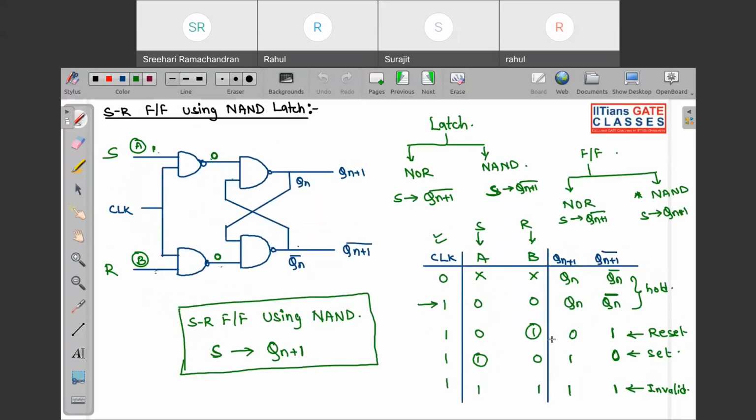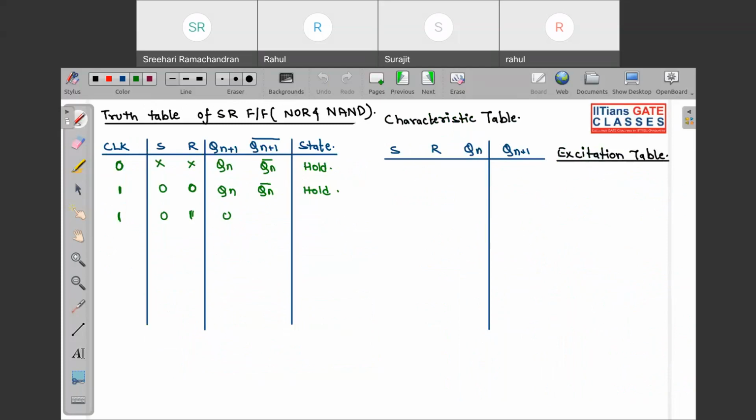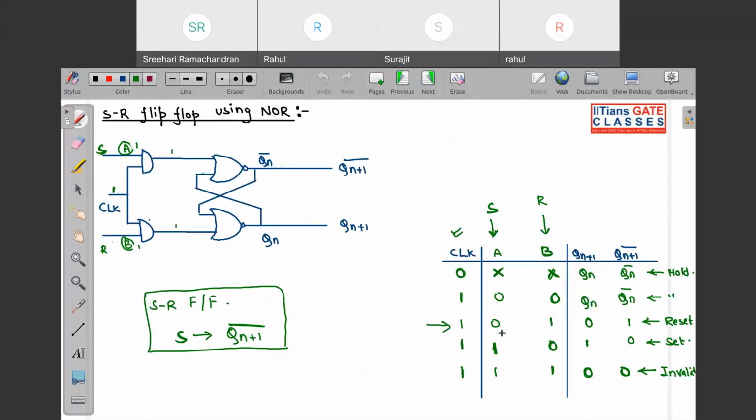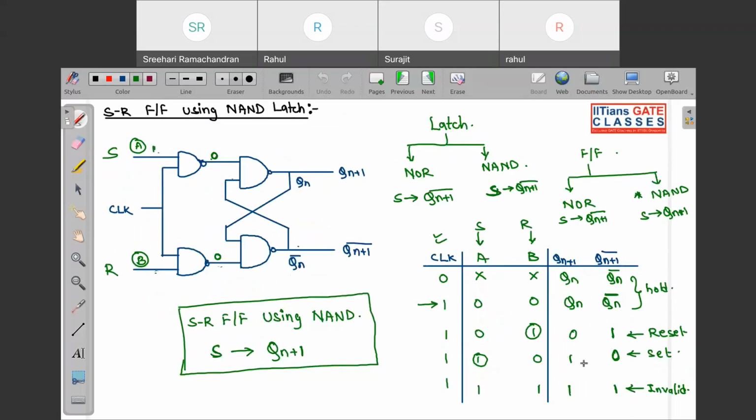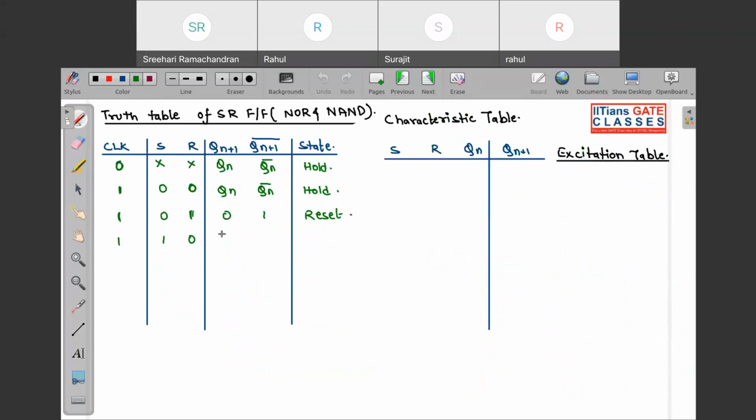So in both the cases it is reset, so I am going to write reset. Now clock 1, set 1, reset 0: in both the cases it is set state. In case of NOR, Qn+1 Qn' is 1 0, and even in case of NAND you can see that it is 1 0.